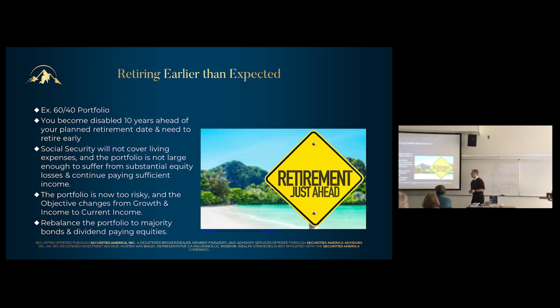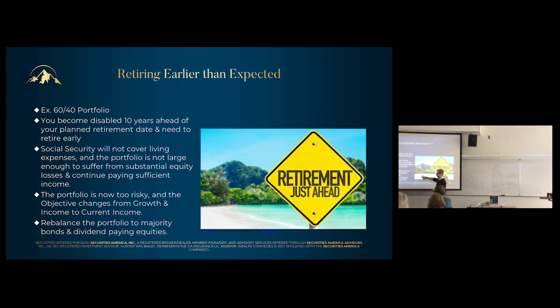So if we are to say maybe if it were to drop by 10 or 20%, that would be detrimental and you would not be able to afford life anymore. If that's a problem, but you have enough that you were to move towards bonds and you could pay that income and fill it up with your Social Security and cover those expenses, we might want to start shifting away.